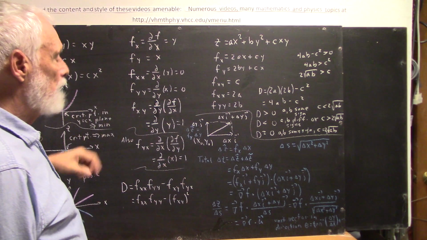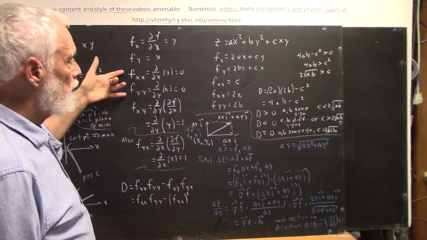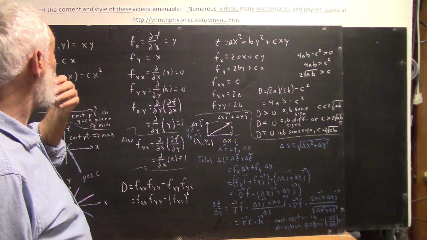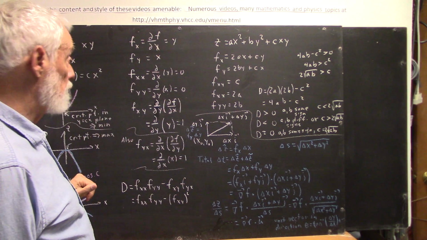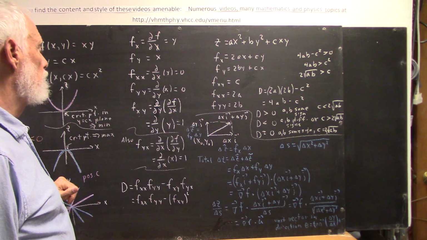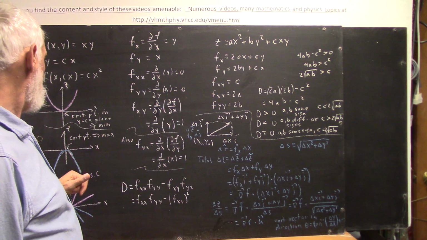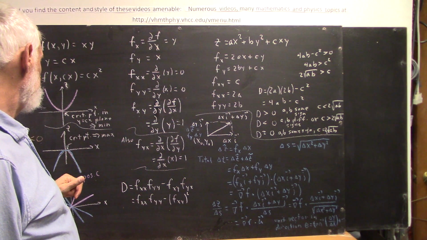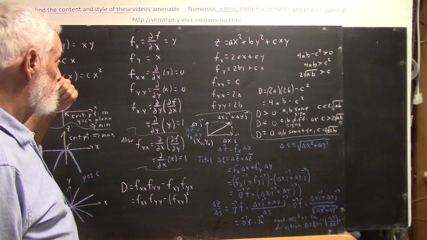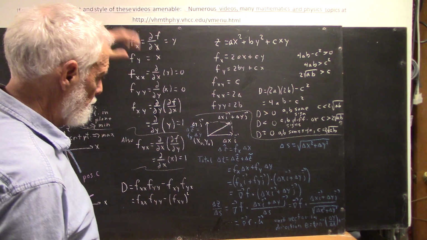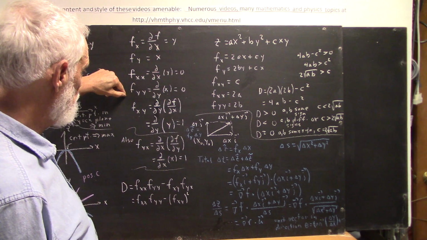In any case, in the xz coordinate plane, the graph would be a straight line. In the yz coordinate plane, the graph will be a straight line. And actually in both of those planes, I'd have to draw it to make sense of what I'm about to say, so I'm not going to say it. Okay.